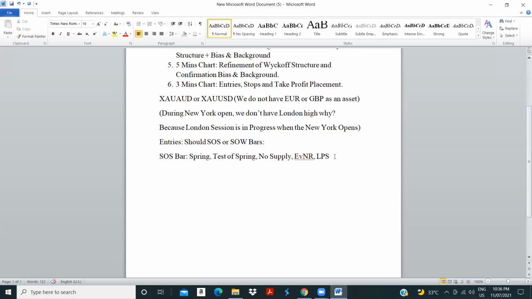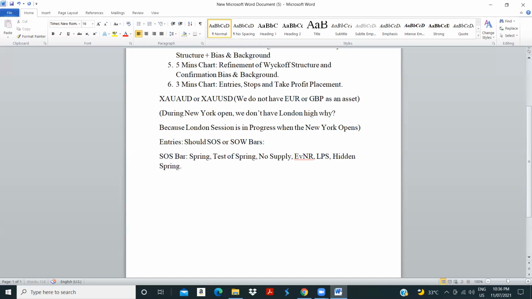Okay, and these kinds of tests should come in the right location. They should come on the top testing areas. Okay, SOS bars. So this is LPS, and the last one you can say is hidden spring.